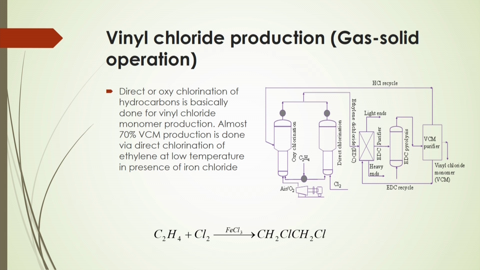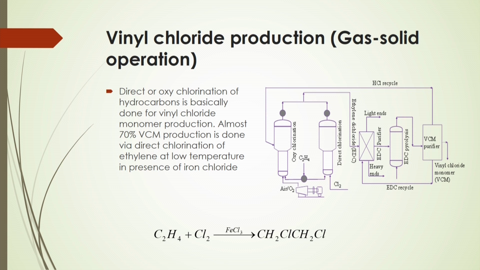In this case, direct chlorination or oxychlorination of hydrocarbons is done for the production of vinyl chloride monomer, and from this monomer you can get different types of polyethylene products. To produce vinyl chloride monomer, the hydrocarbons may come from liquid petroleum or from coal, and from these hydrocarbons you can produce vinyl chloride monomer.